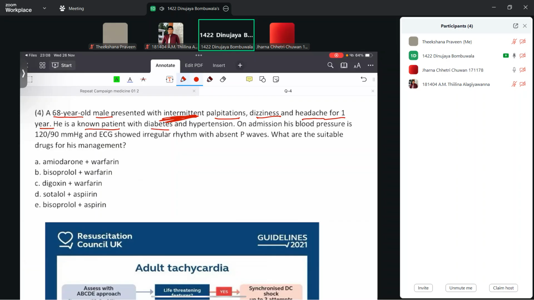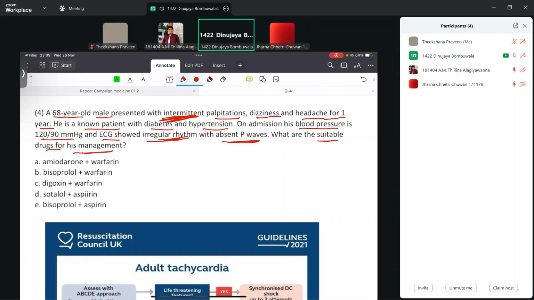Non-smoker, diabetes, hypertension, blood pressure 120 by 90, ECG shows short, irregular rhythm, absent P waves. Suitable drugs for his management? What is the diagnosis this patient is having?